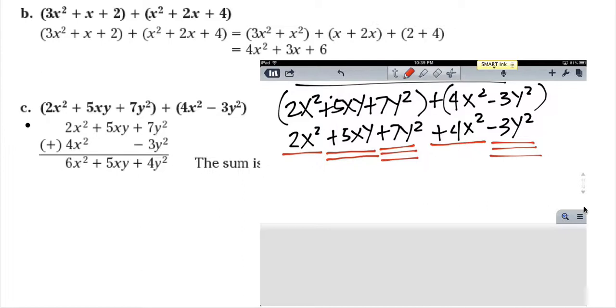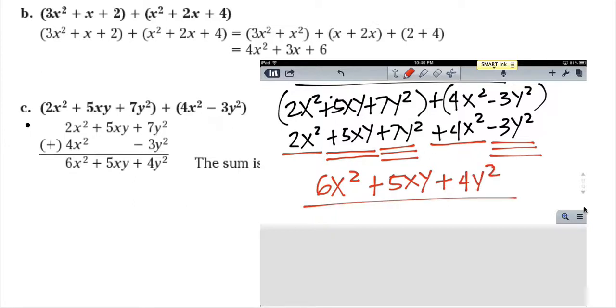So 2x squared plus 4x squared is 6x squared. 5xy doesn't have a like term, so I simply get 5xy. And then positive 7y squared minus 3y squared will give me positive 4y squared. So there's another way of adding your polynomials.